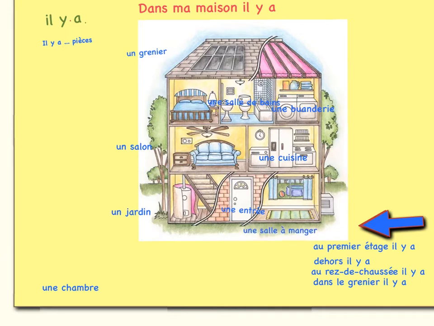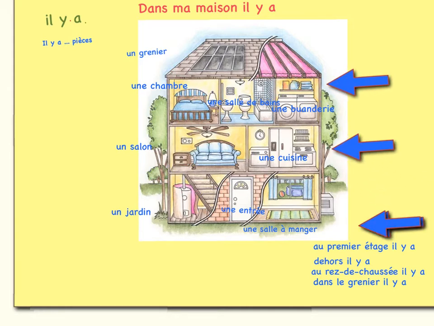This house doesn't have a salle à manger, a dining room, but we'll pretend that one is the dining room, et une chambre.